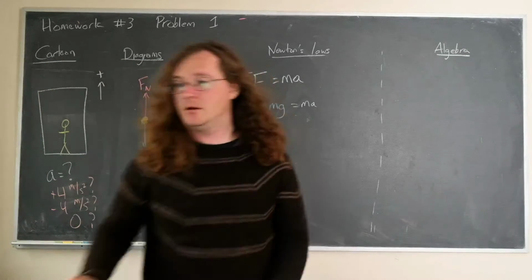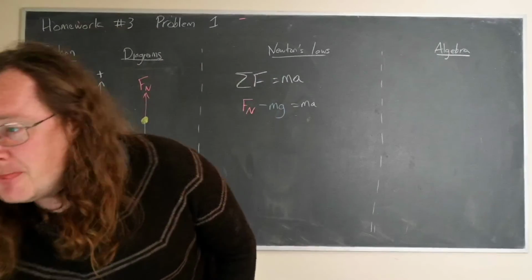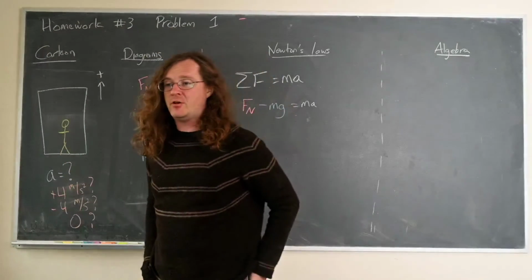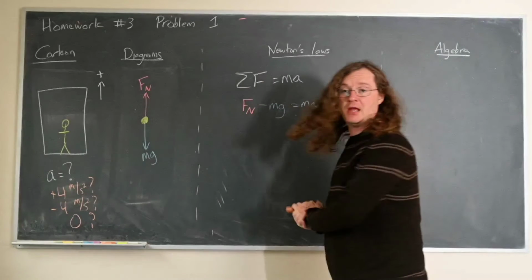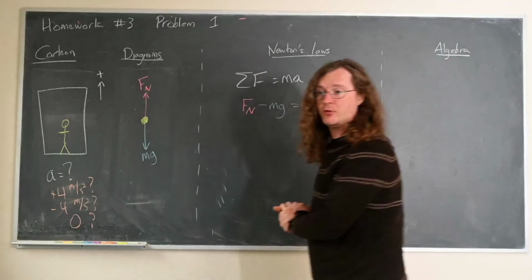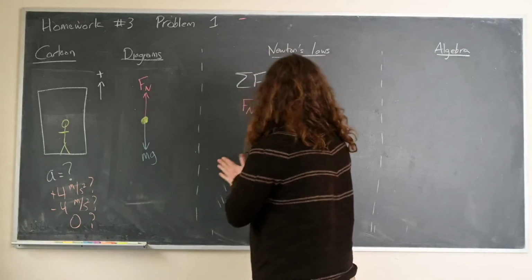Now, in this problem, I'm asking you to figure out how big each of these forces are. And I tell you that the person has a mass of 60 kilograms.